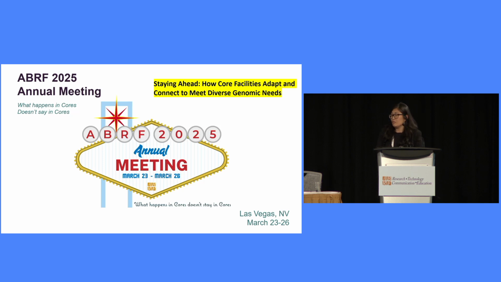I can't say we can give you the solution to do this, because every core has its own circumstances and its own challenges. So this is more about sharing our experience and discussing how we tackle each challenge together.